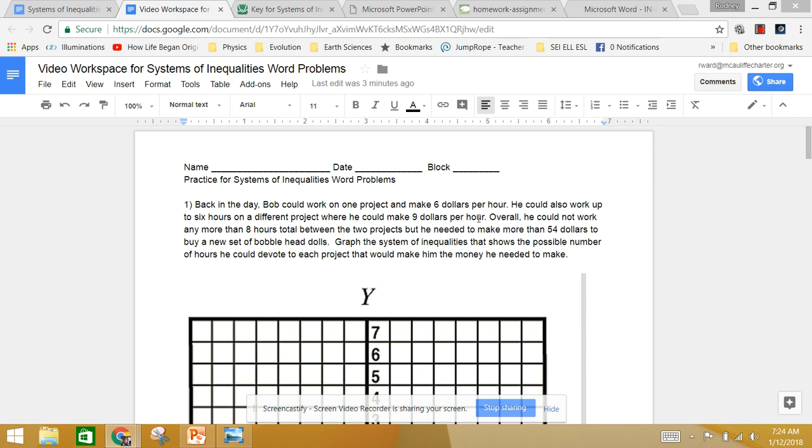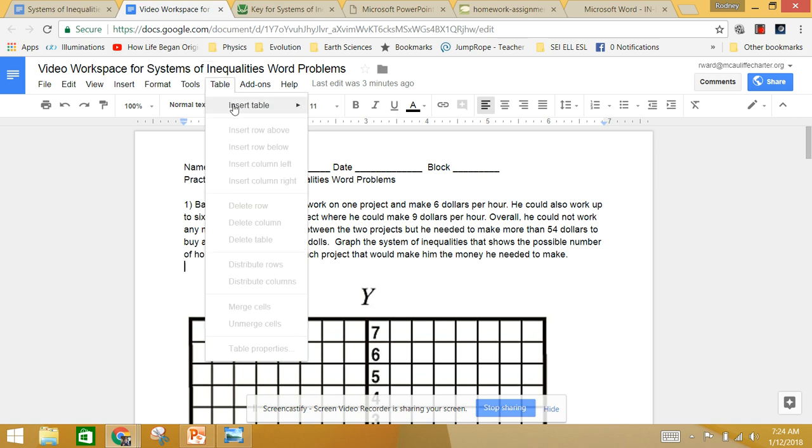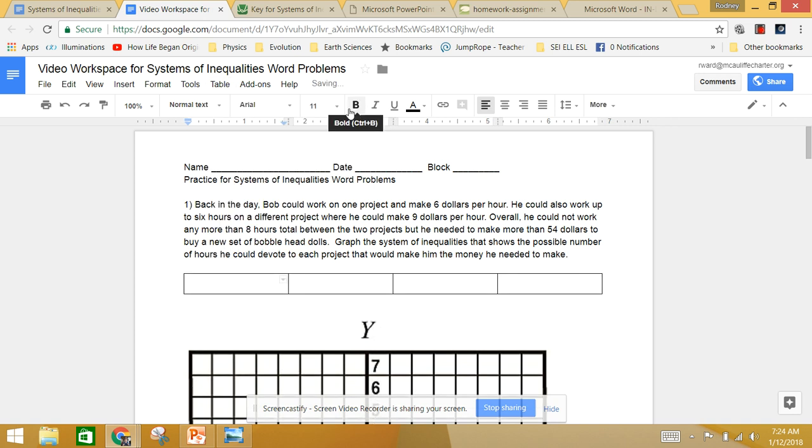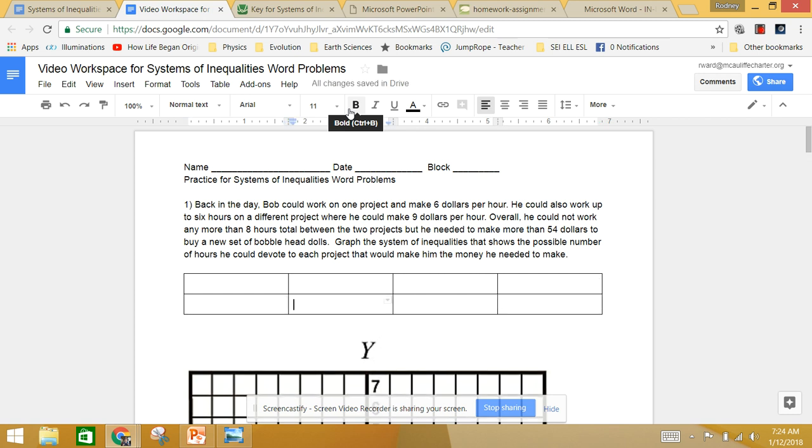All right, there's a lot of things going on in this, and it might at first feel overwhelming. So let's pull out some information. I'm going to make a little table here, and I'll need 4 rows, 4 columns, I mean. So I've got project 1 and project 2.